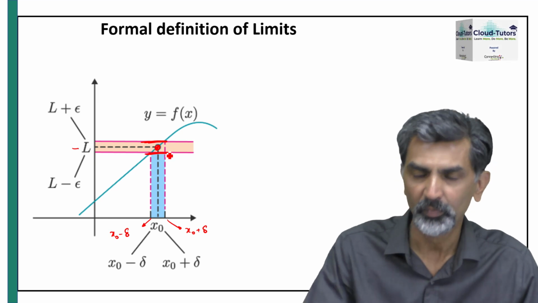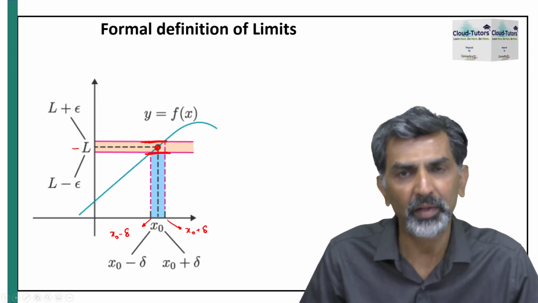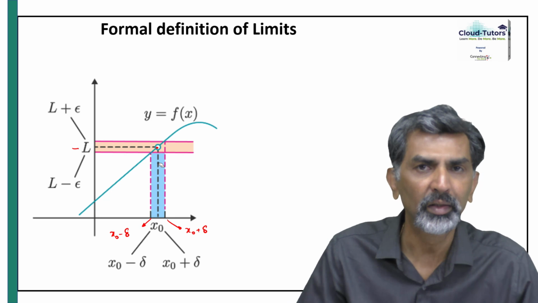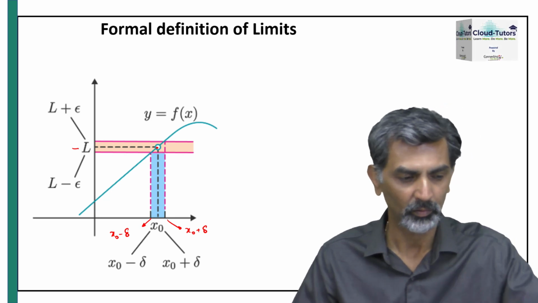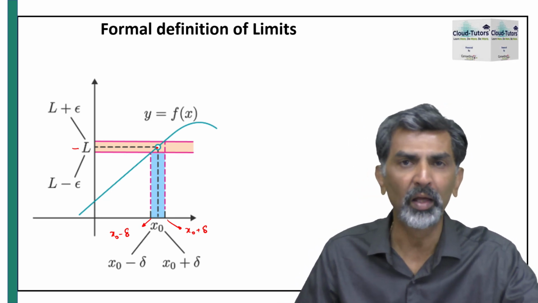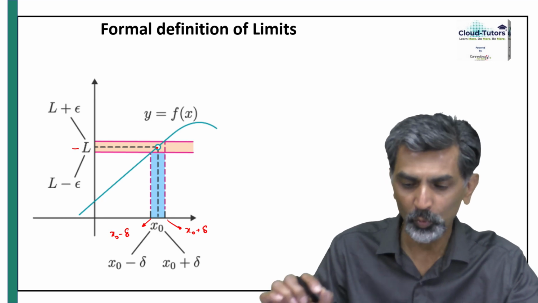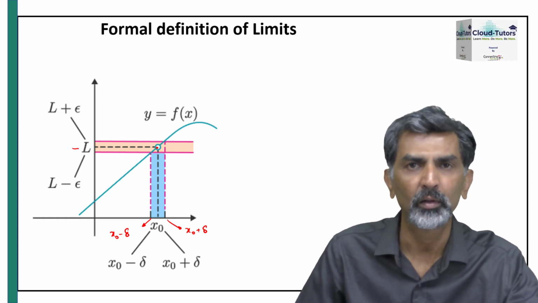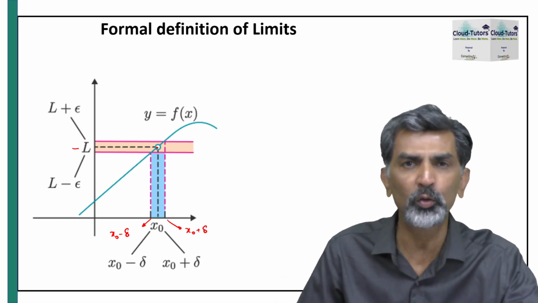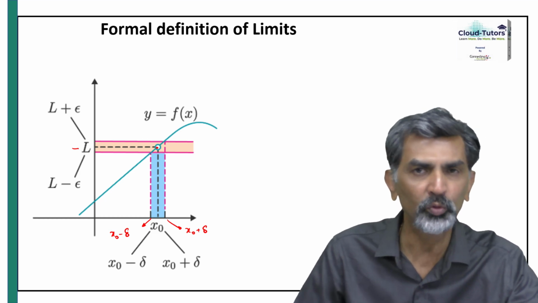And that is what the definition of limit is. So you can take f of x as close as you want to a specific value L, and there exists some value of x which will let you do that.